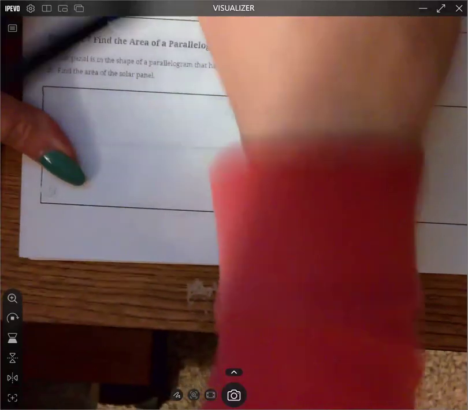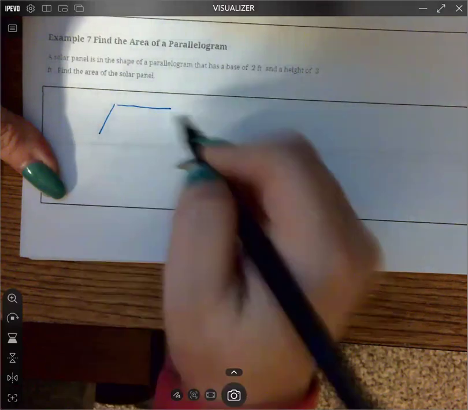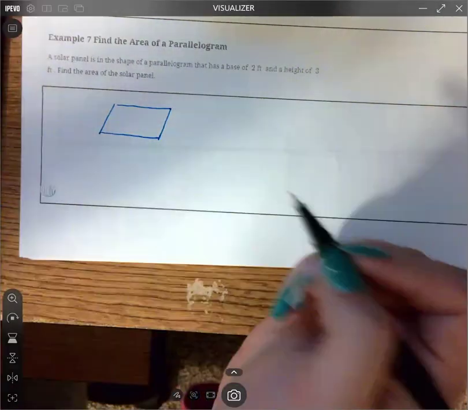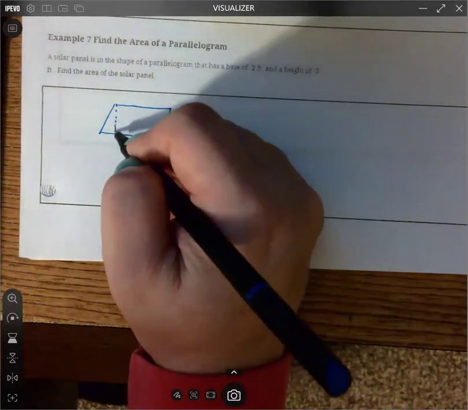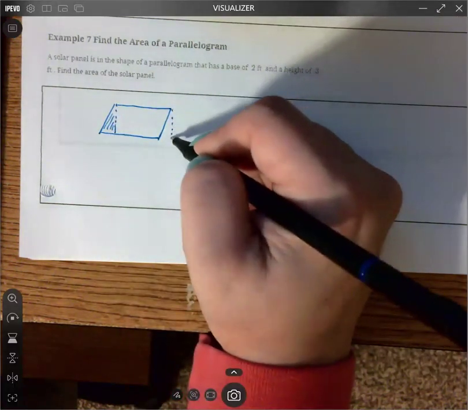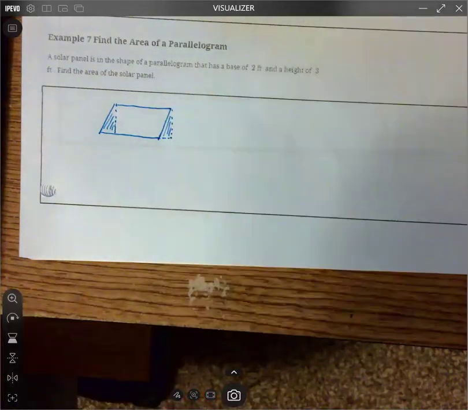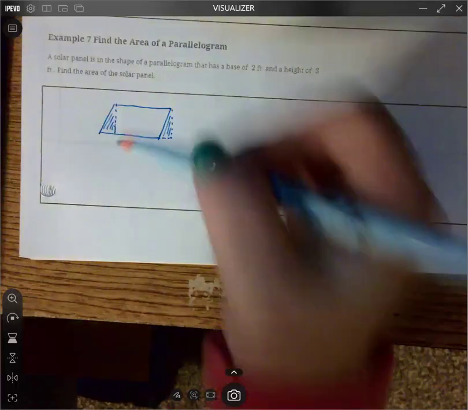Our next one is finding the area of a parallelogram. A parallelogram, hopefully you remember, just looks like a squished or squashed rectangle. So visually, if I were to cut off this triangle right here, I could move it over here. And area-wise, I would then have a rectangle.